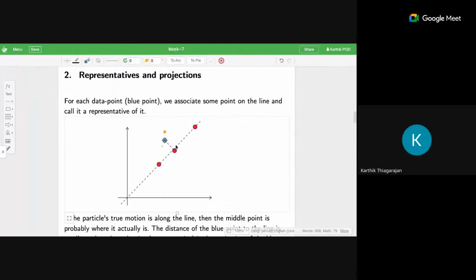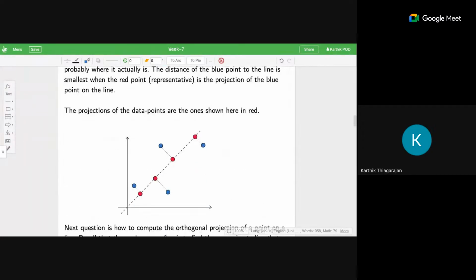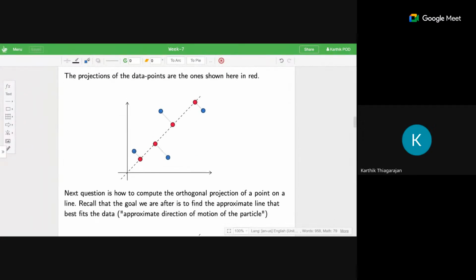The projection of the blue point on the line is the stand-in for the original data point. So that's where we get the idea of reconstructing a data set. If you have the original data set consisting of blue points, you can project them onto this line, and you can think about this reconstructed data set, which you can describe just by knowing the vector passing through this line and the magnitude by which they have to be scaled, right? So that's all you need.